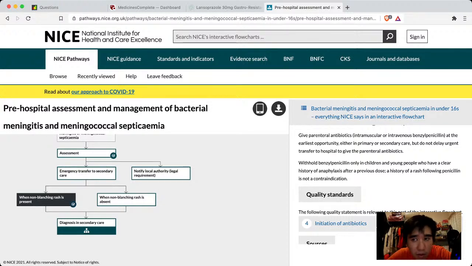This is when you haven't reached hospital. Withhold benzylpenicillin with a clear history of anaphylaxis after a previous dose of it.